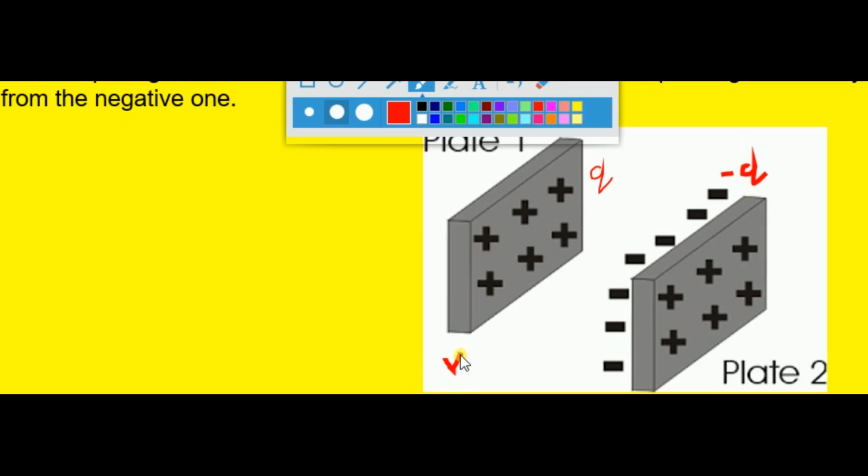V will be equal to Q upon C, where C is the capacitance of this capacitor.